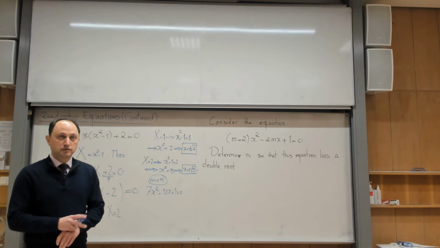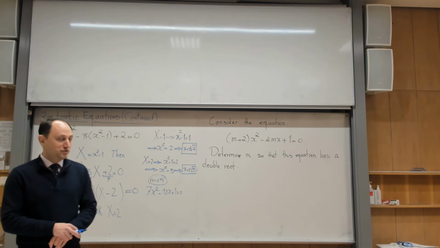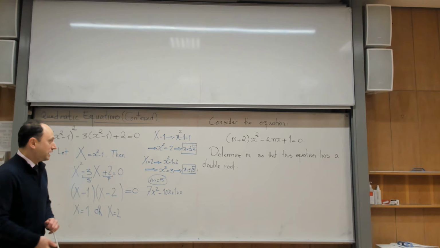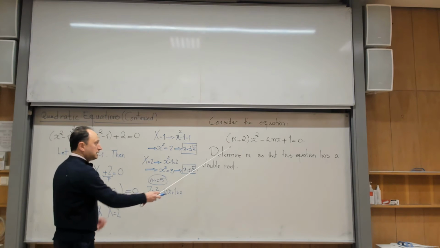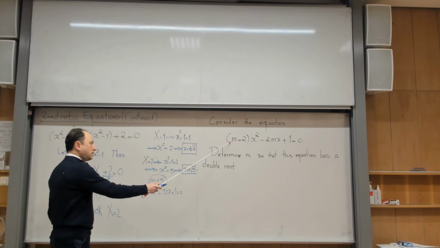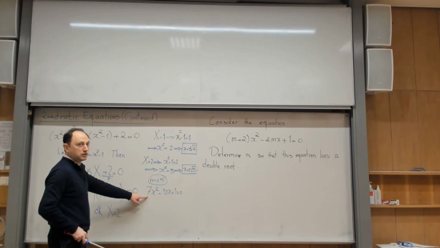Is that clear or not? Is the problem clear? For any value of m, you generate a quadratic equation. If I change m, you change your quadratic equation.